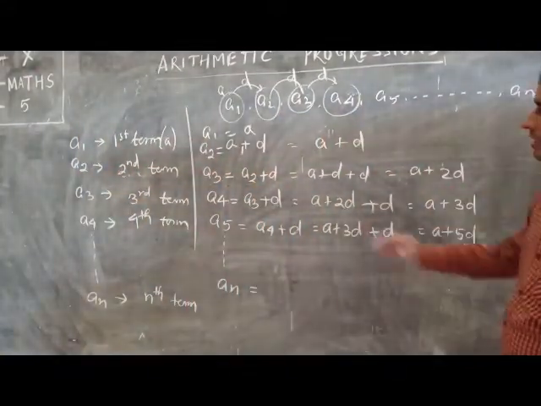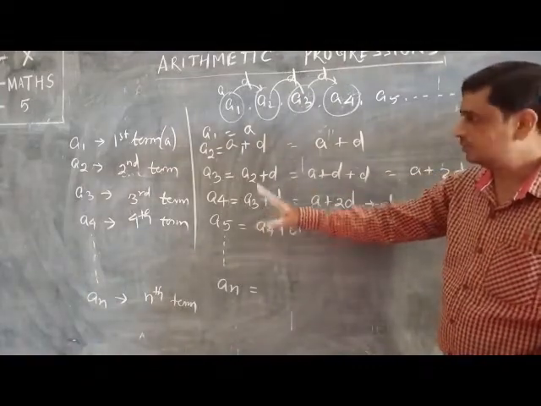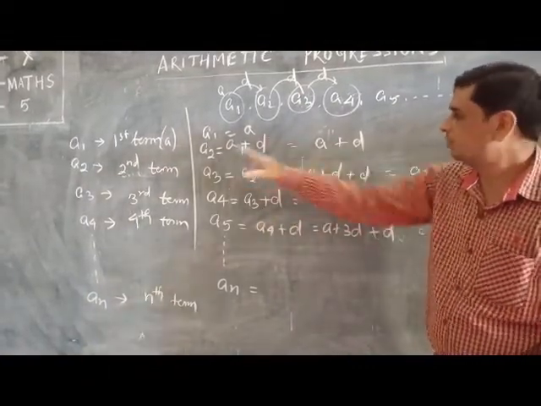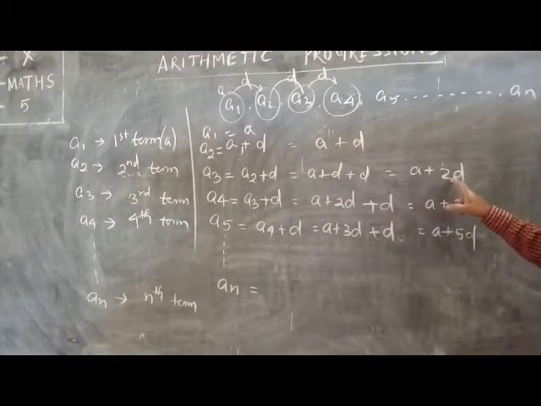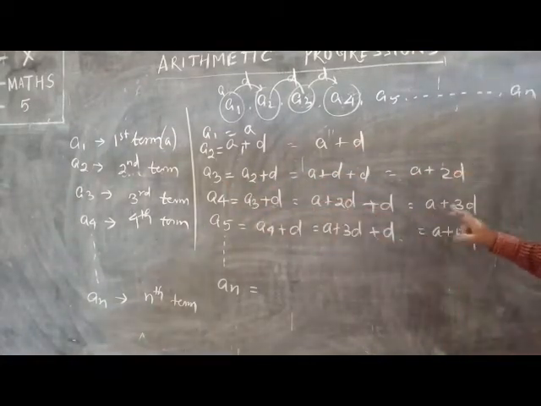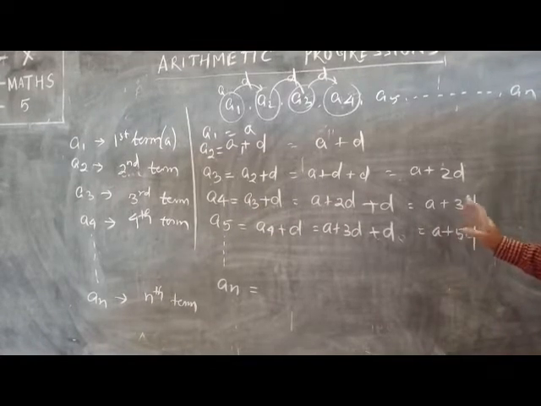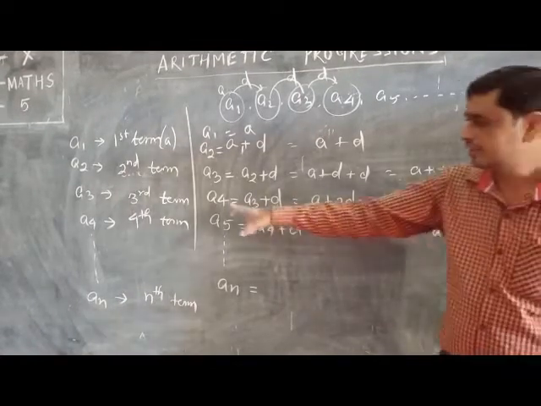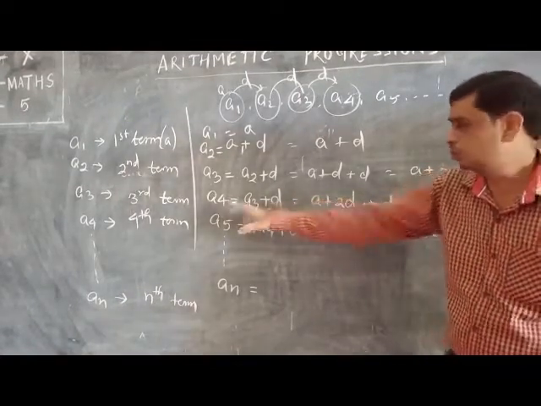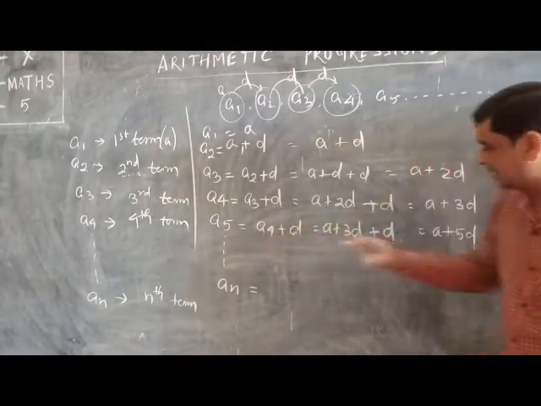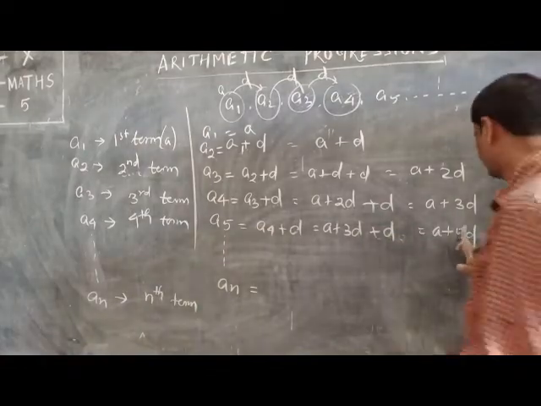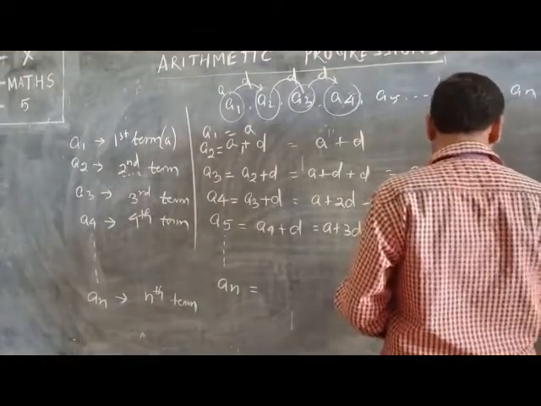If we observe the series carefully, we get A2 is A plus 1D, A3 is A plus 2D, A4 is A plus 3D. The coefficient of D is just 1 less than the number of the term. For A4, it's 4 minus 1, that is 3. For A5, 5 minus 1, 4: A plus 4D.